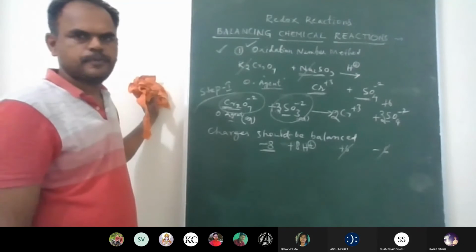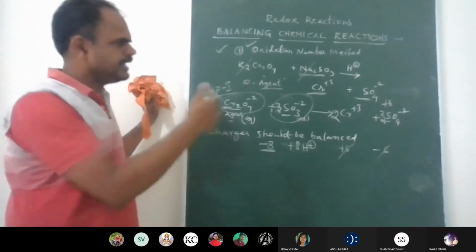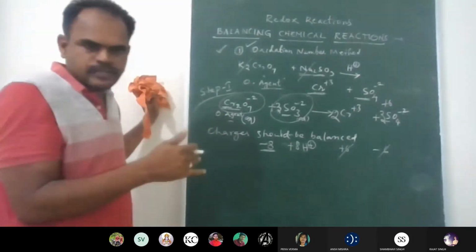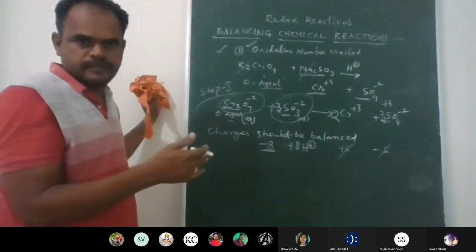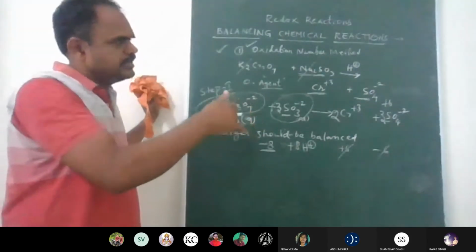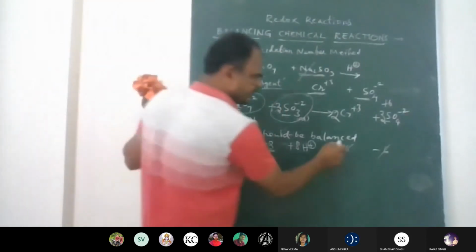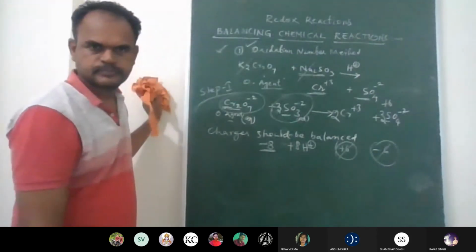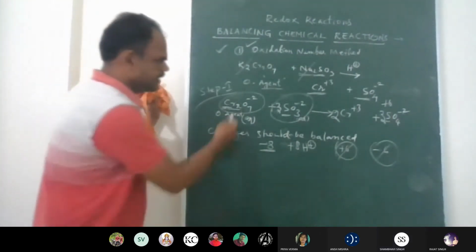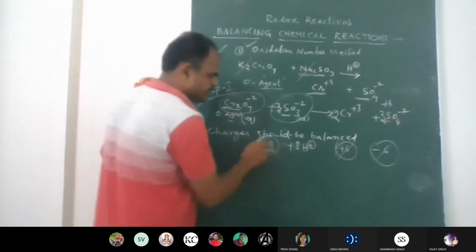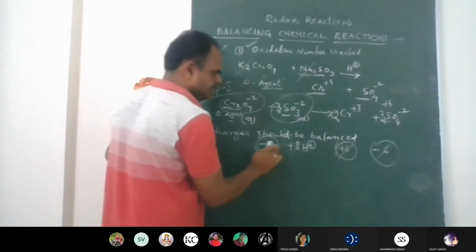Understand everyone? On the left side LHS, negative charge only is present, there is no positive charge. On the right side, there is a positive charge equal to that negative charge also present. See here, +6 equal to -6, you got? But LHS has only -8 charge.